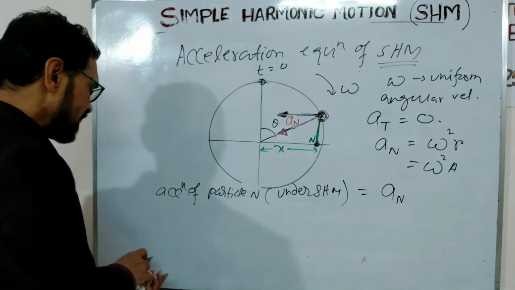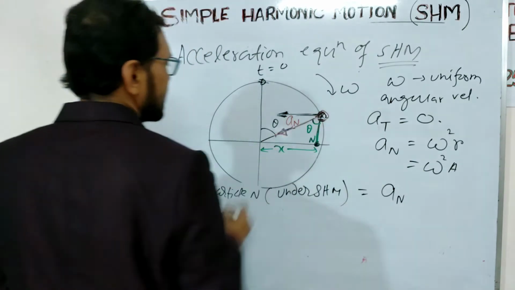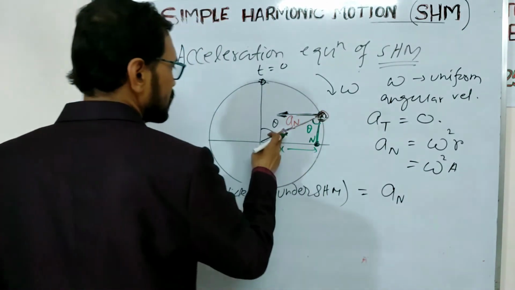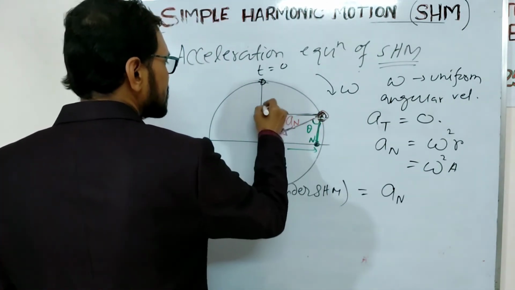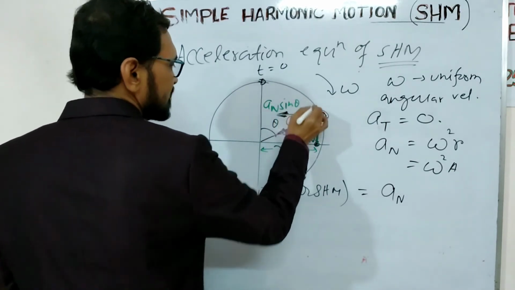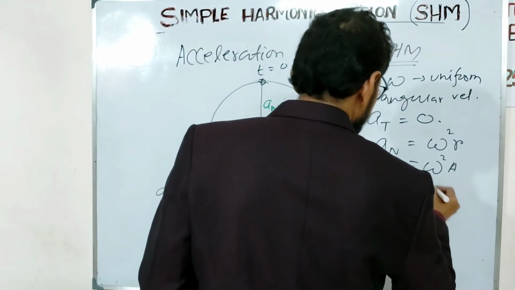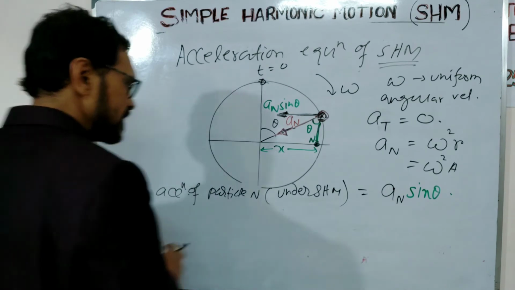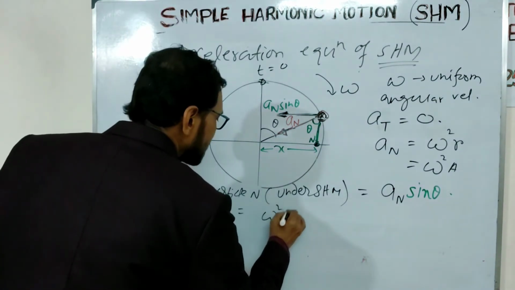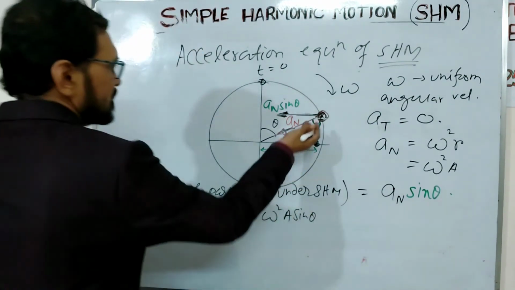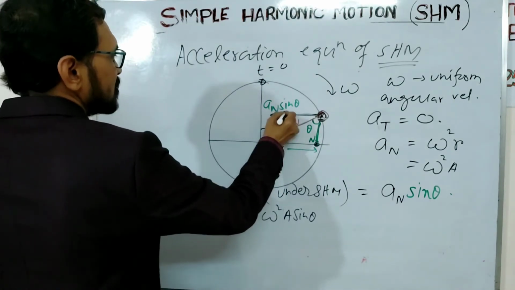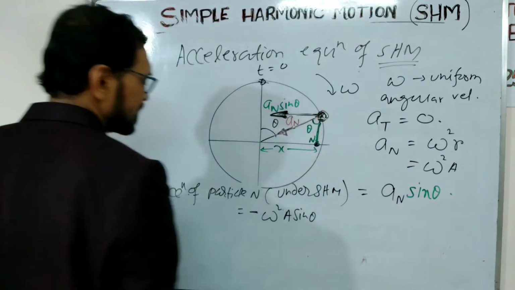Now if this angle is theta, then this component is a_n cos theta, and this component will be a_n sin theta. Now what is a_n? a_n equals omega square a. So acceleration is a_n sin theta, omega square a sin theta. Since the force is along this direction, we put a negative sign.